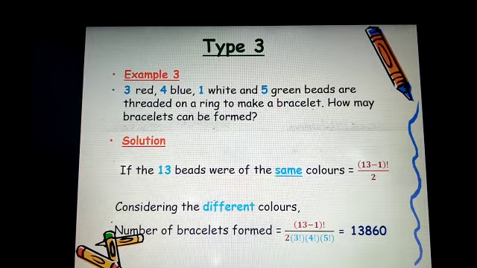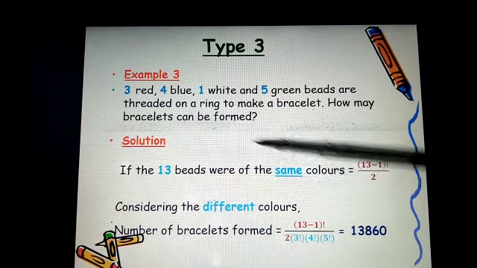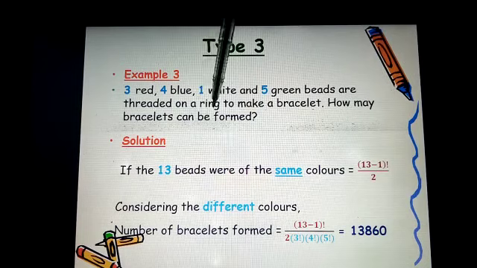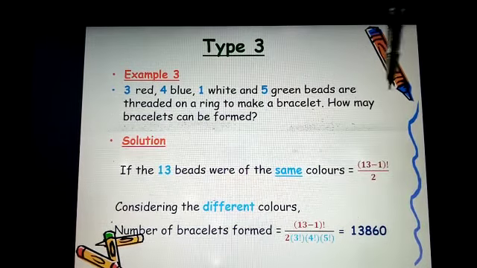Solution. If the 13 beads were to be considered having the same colors, we have 13 minus 1 factorial over 2. Considering the different colors, we need to take into consideration the 3, the 4, the 1, and the 5.